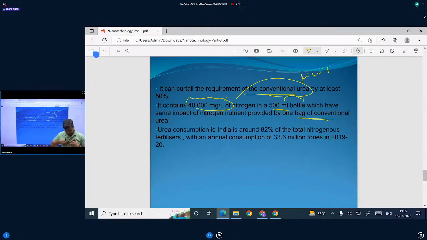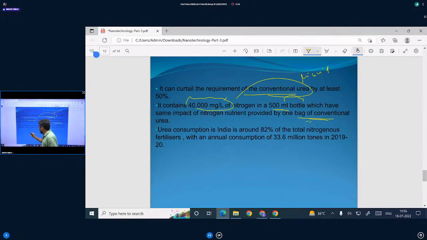Okay. Got it? This is an important thing. Just 500 ml of this bottle is equivalent to 1 bag of the conventional urea.